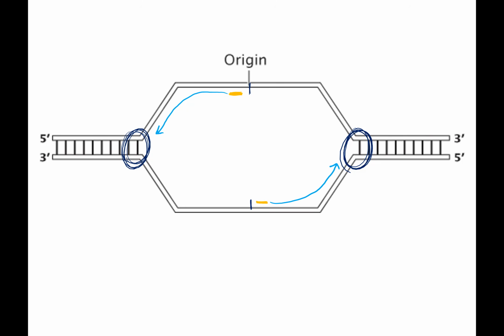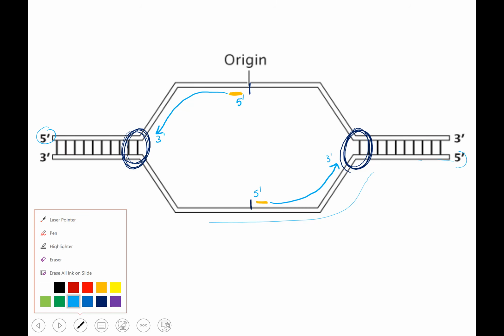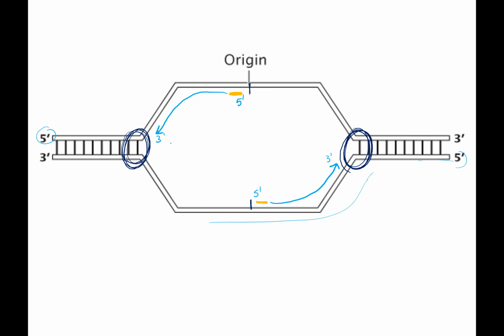And I know it goes this way because I know it goes 5' to 3', and this strand is running opposite 5' to 3'. I'm just showing the leading strands right now to illustrate this idea of bidirectional. So DNA replication happens in both directions.